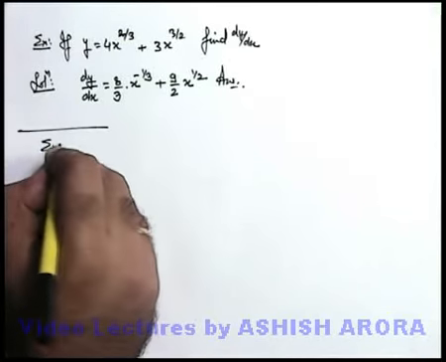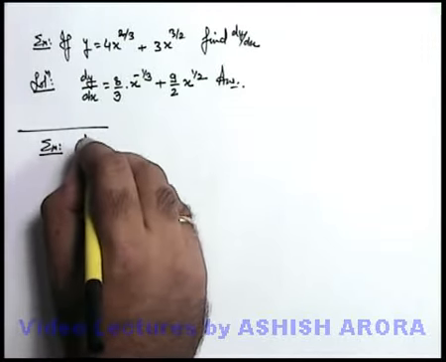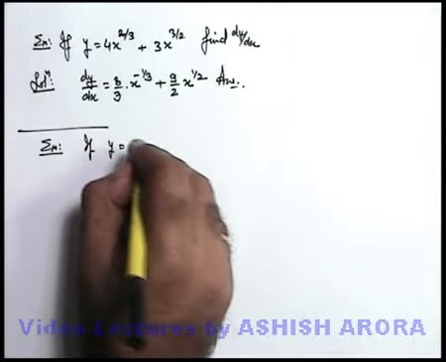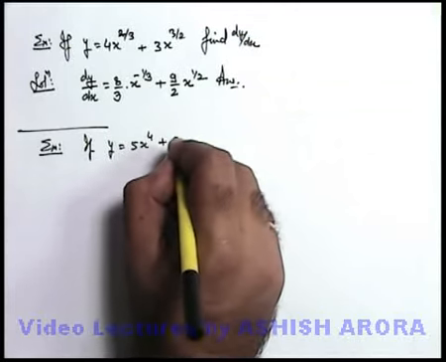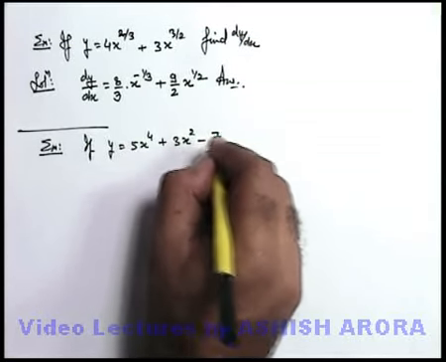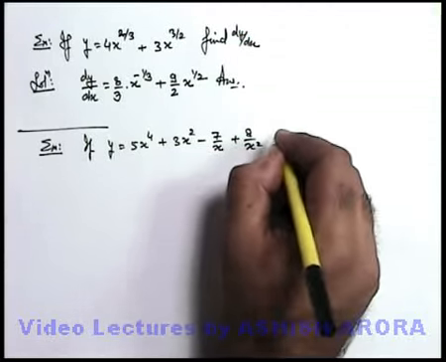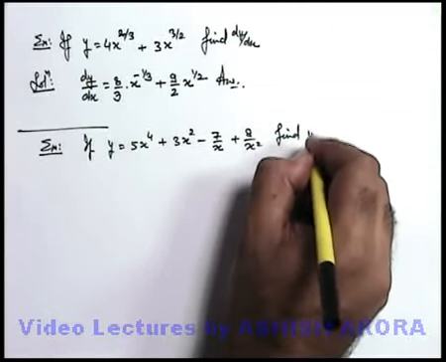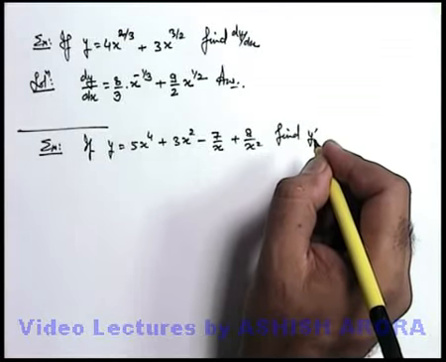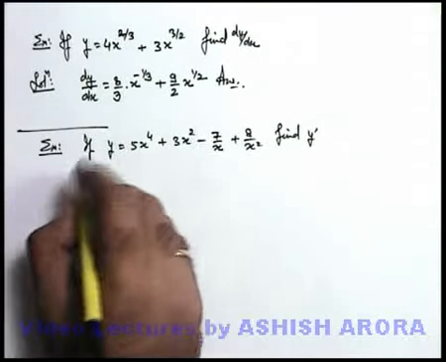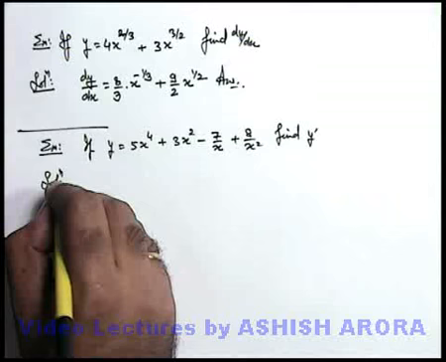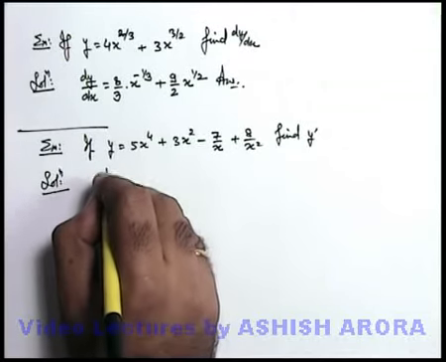For another example, if we are given y is equals to 5x to power 4 plus 3x square minus 7 by x plus 8 by x square, and we are required to find y prime. So when we wish to differentiate, again we are going to directly apply the formula x to power n.